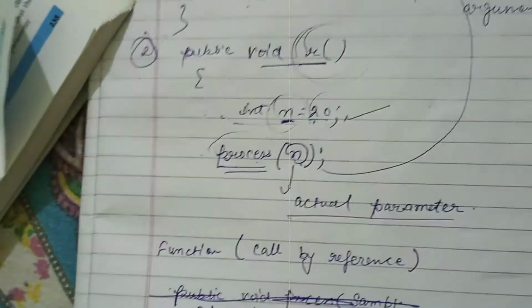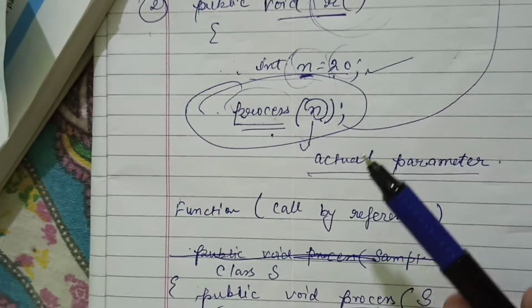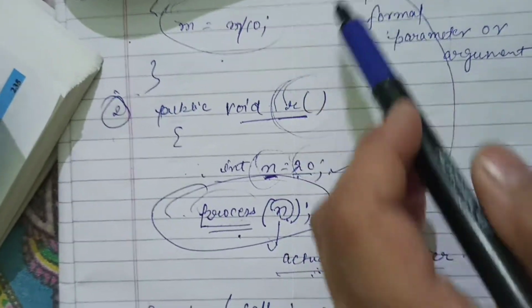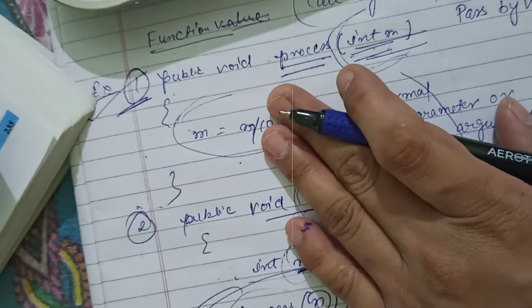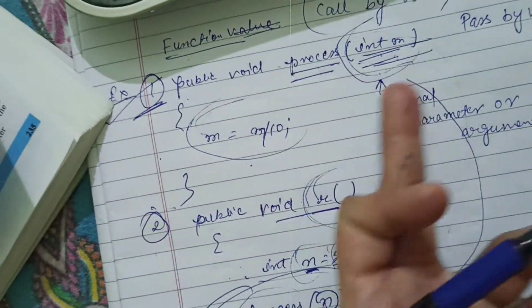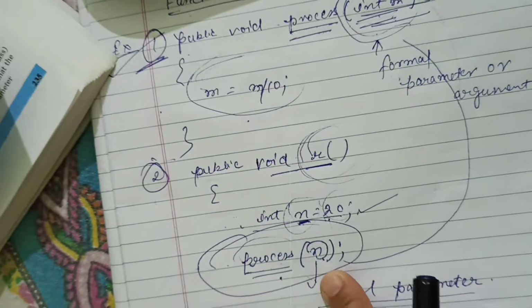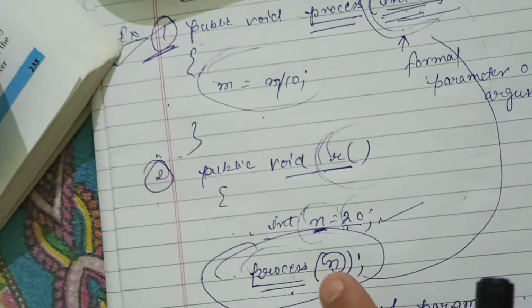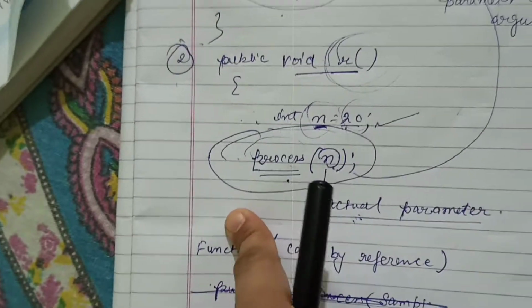The main difference is that at the time of the function call, when passing the actual parameters, if I make any changes in the formal parameter, it will reflect.